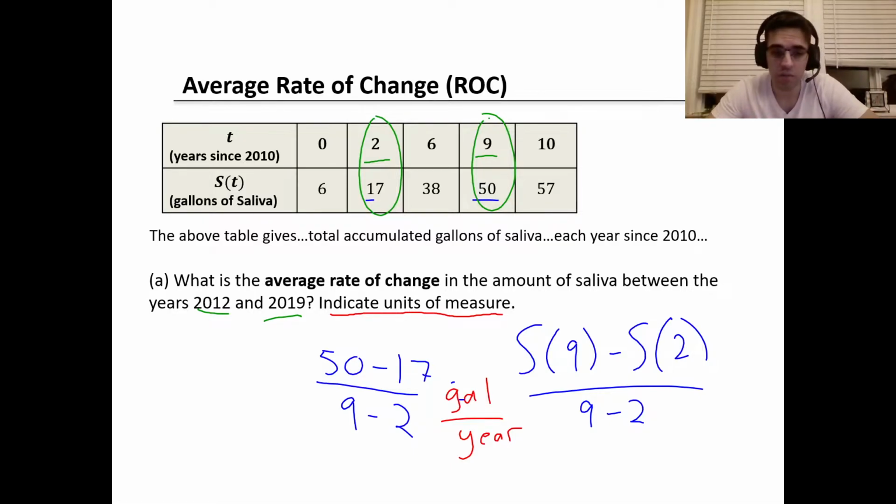Quick note on our math right here. I do want to evaluate the function notation for the numerical values. But once I have the numerical values, I don't really care about simplifying the arithmetic so much. The reason is this is a calculus class, not an arithmetic class or an algebra class. We will have to do some arithmetic and algebra to find answers for calculus questions, but subtracting whole numbers like this, we're not going to waste our time.